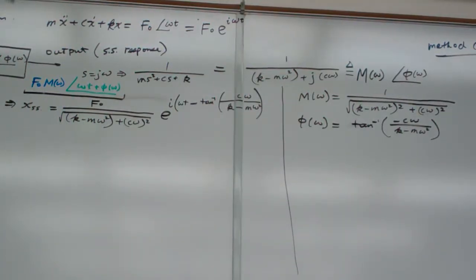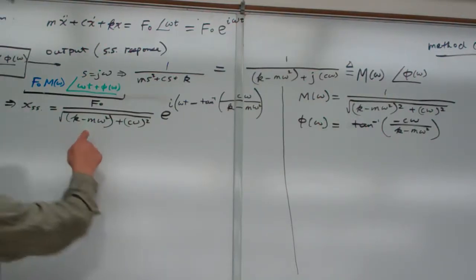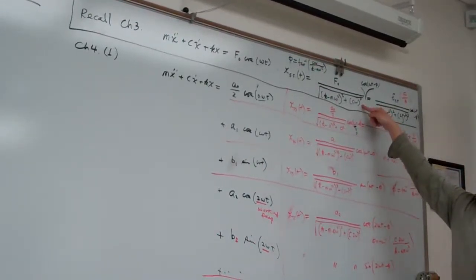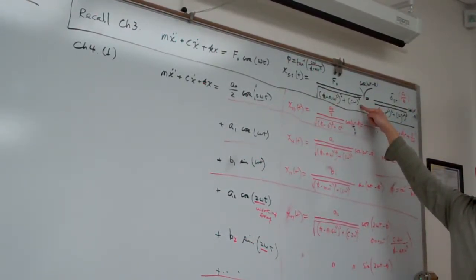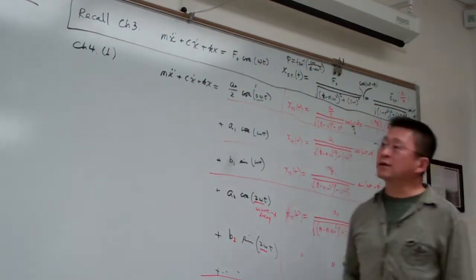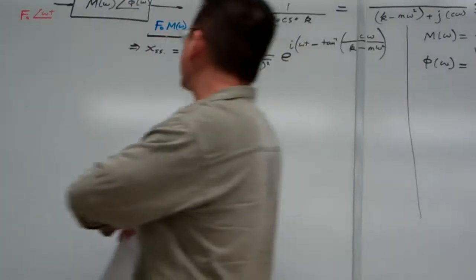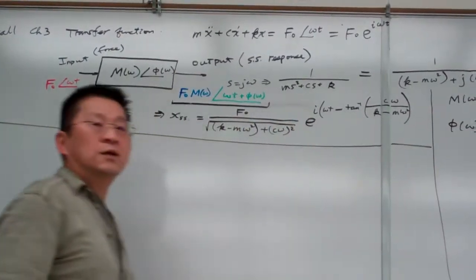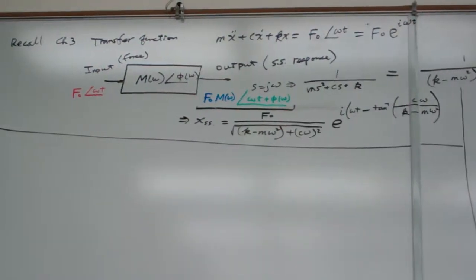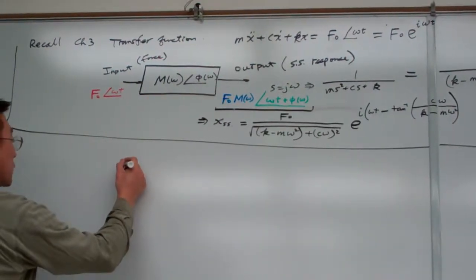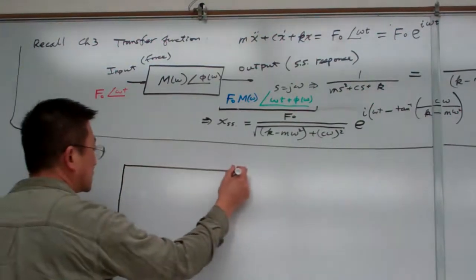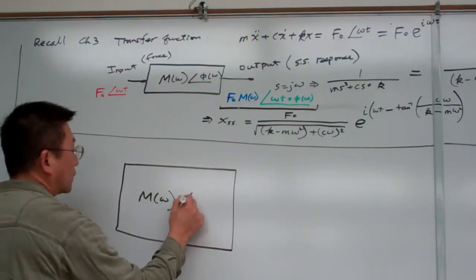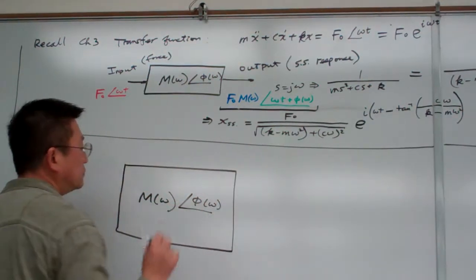Good? If you compare this form to this form, they are the same. They are the same. Okay? So this is our template. So right now, keep this template in mind. Then we see how we can apply this template to the combination of many terms. So this is our transfer function. The system is unchanged. So that is M omega and the phase angle.